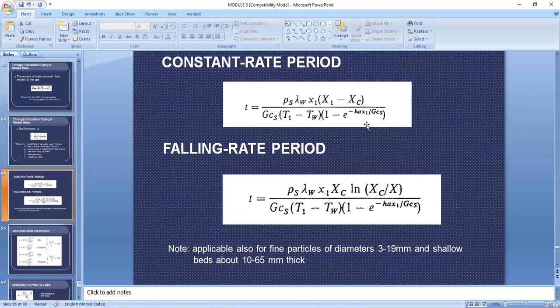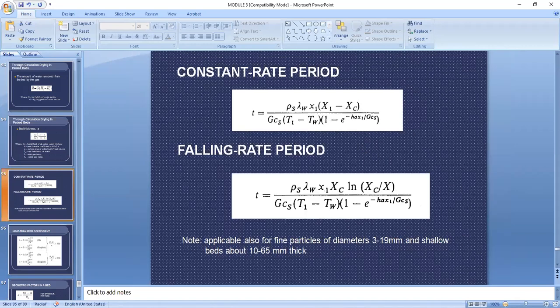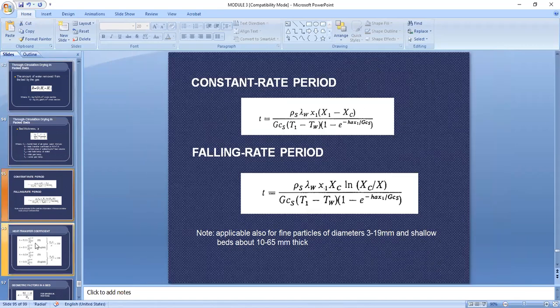Now, if we look closely at the formula, this is very cumbersome because you get to see an H and an A. Before you can even determine the drying time for the constant rate period and the falling rate period, you have to determine first the H and the A and then plug them into the formula. And what would be the formula for the H and the A?